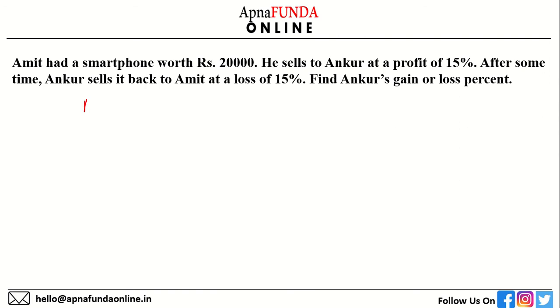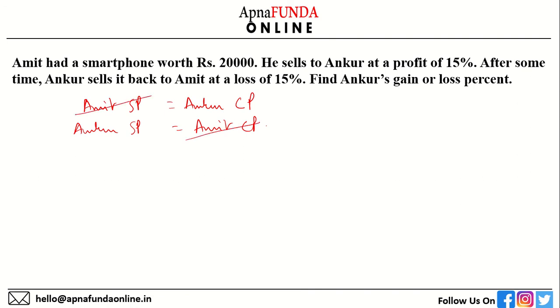We know that Amit's selling price is Ankur's cost price. Correct? I hope you agree. And in the next part, Ankur's selling price will be Amit's cost price. We are not concerned with Amit in that case.